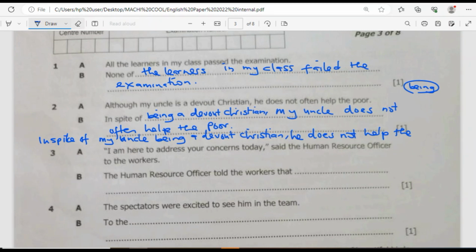So we've left often. So it does not often help the poor.